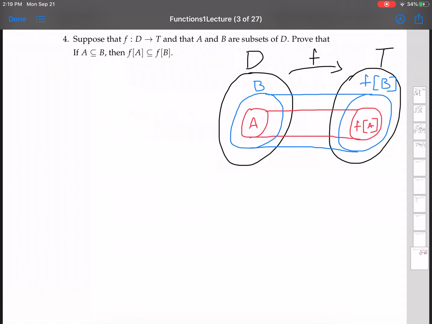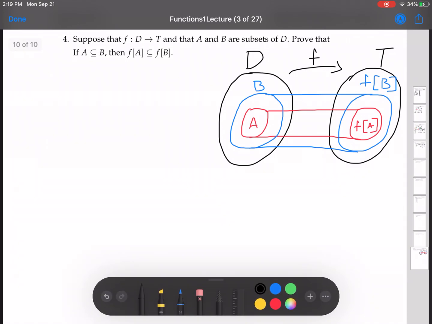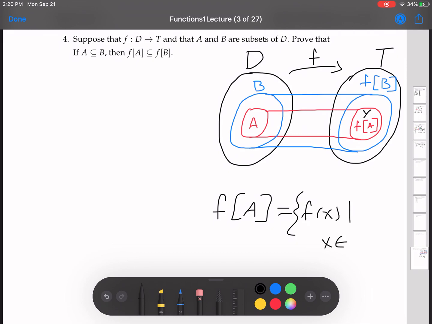Okay, now the idea with this proof is that we're going to start with some y value over here, and we're going to say, hey, because y is in f of A, and f of A is all the f of x values, f of x such that x is in A. Now this is its definition, right?